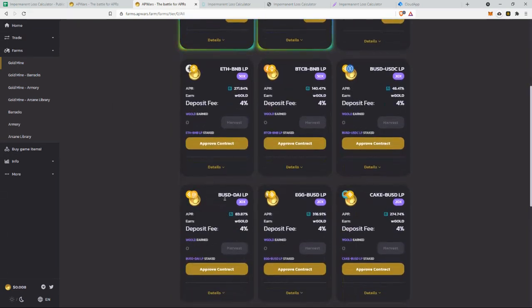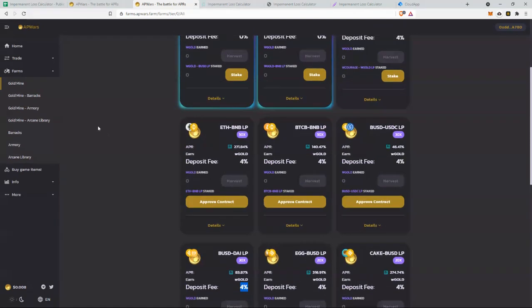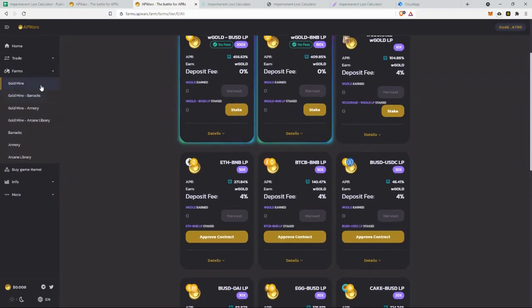Of course, if you provide liquidity for stable coins, you will not have impermanent loss. The downside here is that the APRs are less appealing, and you have a deposit fee of 4% of the LP tokens you deposited, which will be automatically drawn from your wallet and used to buy back war gold to increase the Fed's treasury.